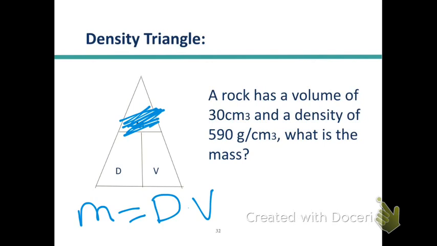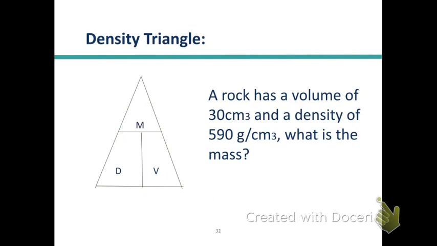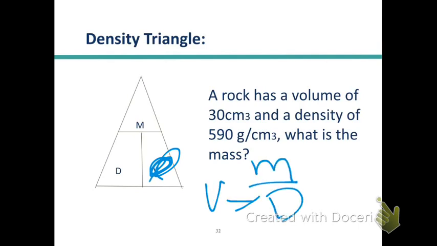So again, I can do this with volume. I can cover up V. So when I cover that, I'm left with volume equals mass divided by density. So those are my formulas. So in case you didn't have a chance to write them down, density is mass over volume.